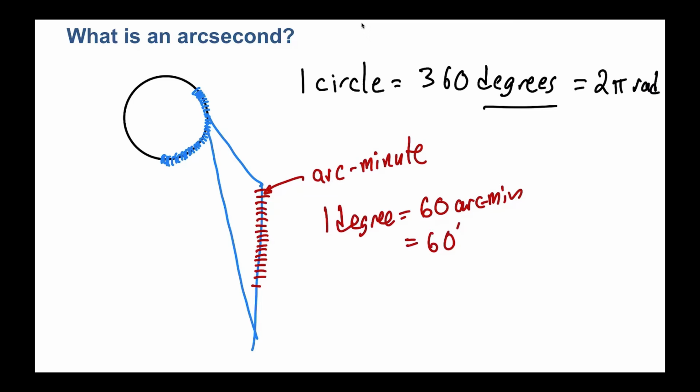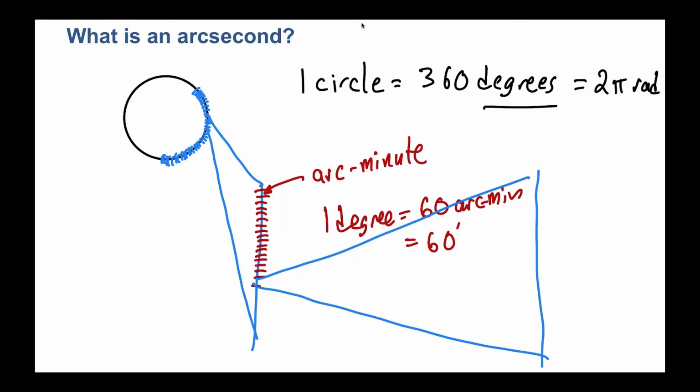So minutes of time are the same as arc minutes in the sense that they're 1/60th of something. A minute of time is 1/60th of an hour. 1 arc minute is 1/60th of a degree. So that's already a pretty small unit of angular measurement. Now, if you take each one of these arc minutes and expand it out and break it up into 60 pieces, each one of these is an arc second.